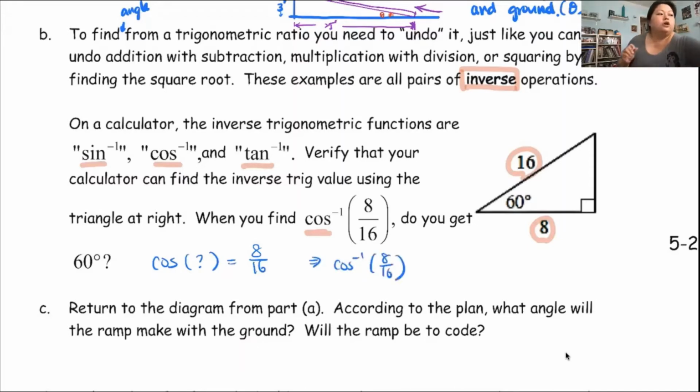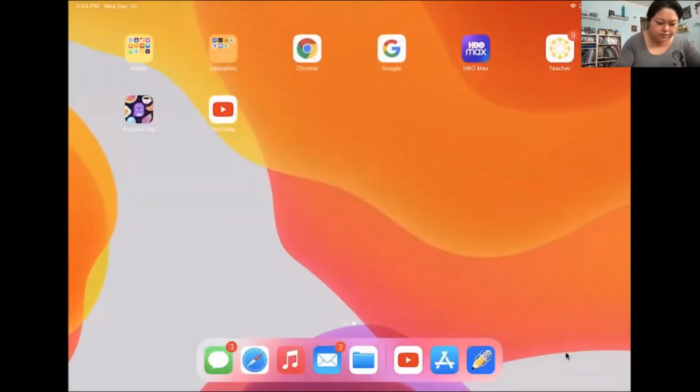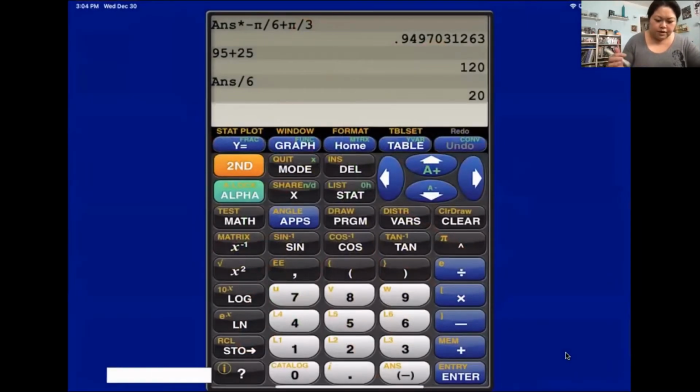All right, so same with you. I have a graphing calculator, so I'm going to use my graphing calculator here. First things first, you want to make sure your mode is in the correct form. We did this before, and if you haven't touched it, don't worry about it. If you did, then make sure you change it. Go to mode.